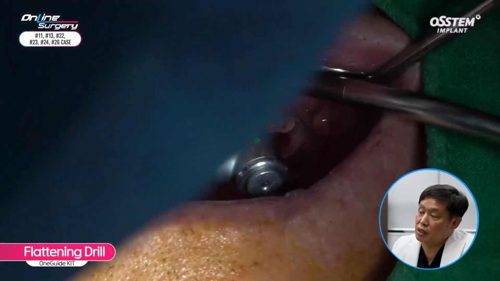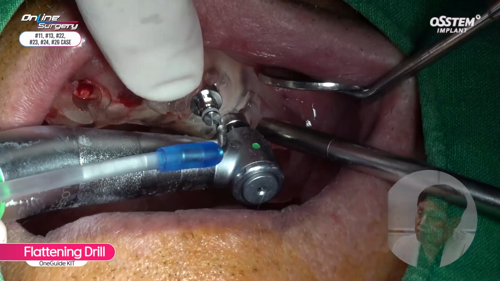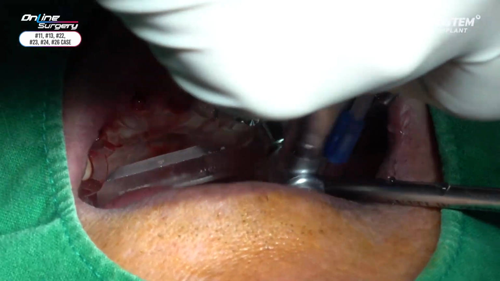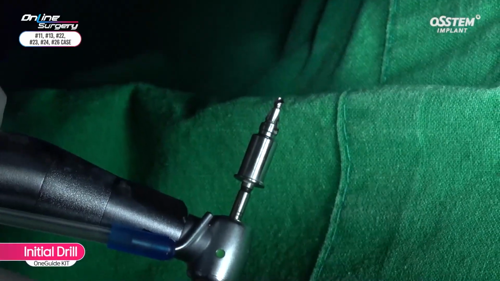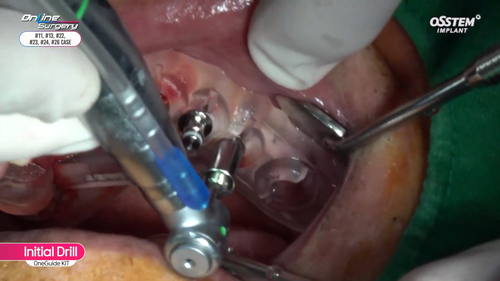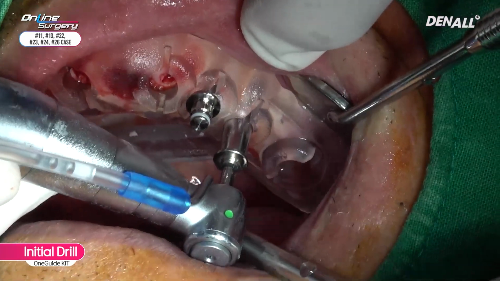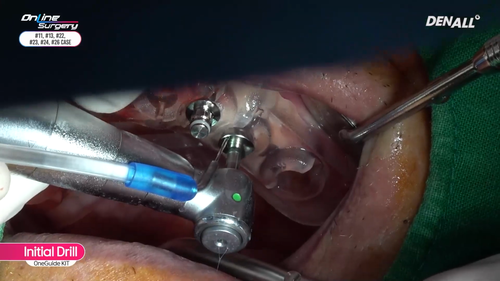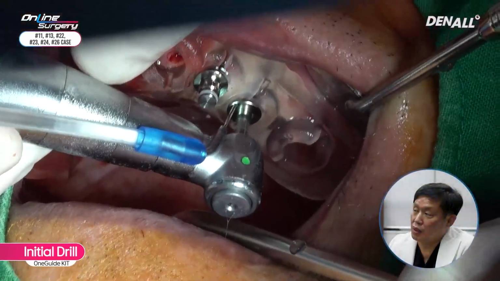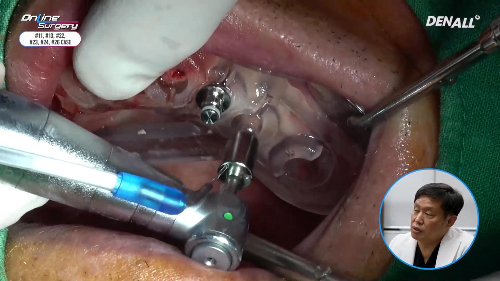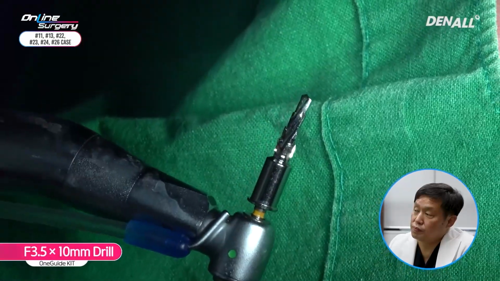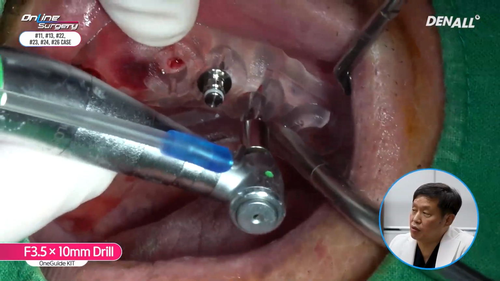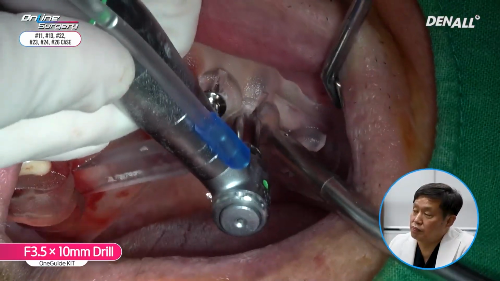Moving on to number 24, the flattening drill was used first. In number 24, initial drilling was done, followed by the 3.5 by 10 mm OneGuide drill.